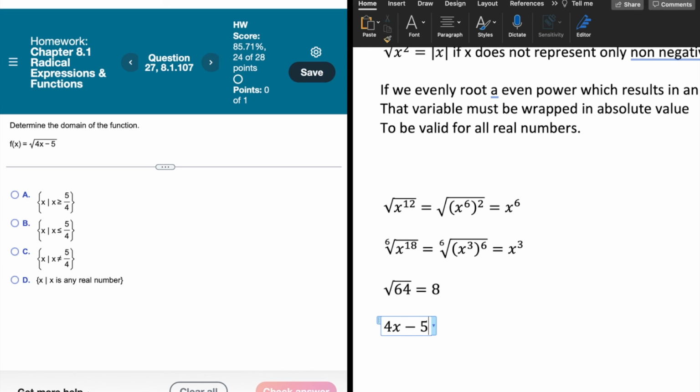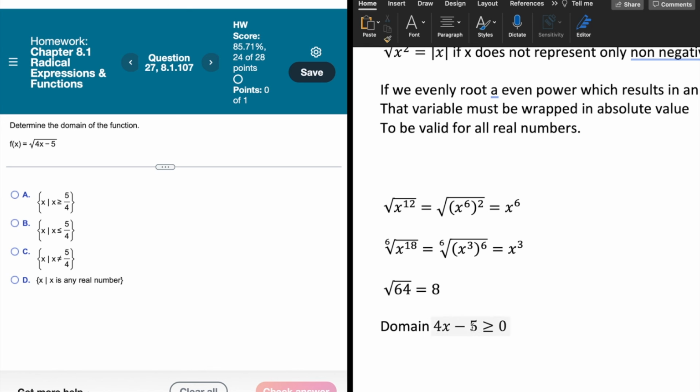And so, again, to be able to evenly root something, what is inside of that root, that whole algebraic expression, must be greater than or equal to 0. We can't square root a negative, so what's inside of my algebra cannot be negative, it must be either greater than 0 or equal to 0, but it definitely cannot be less than 0. So this expression represents the domain of that function.